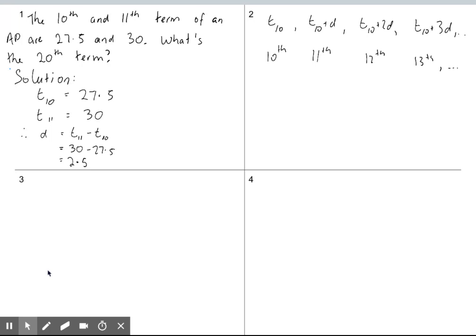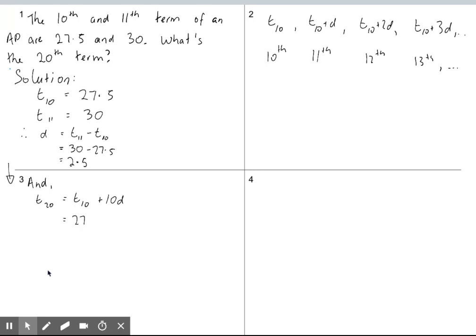So we can therefore say, T20 is equal to T10 plus 10 lots of D. I'm just going down from slide 2 to slide 3 now, with slide 2 being just a little bit of scribble space. So T20 is equal to T10 plus 10D. Well, this is good because this is an equation with three variables there, two of which I know.